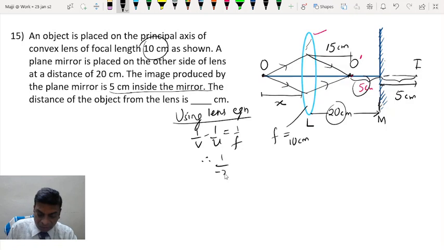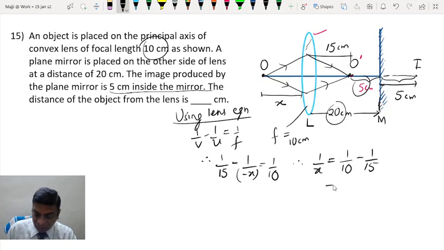So 1 by plus 15, image distance is plus 15, and u is minus x, is equal to 1 by 10. So 1 by x will be 1 by 10 minus 1 by 15.